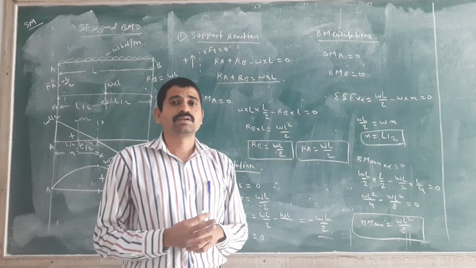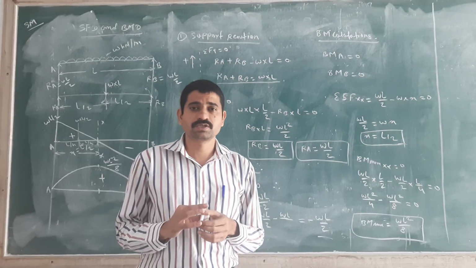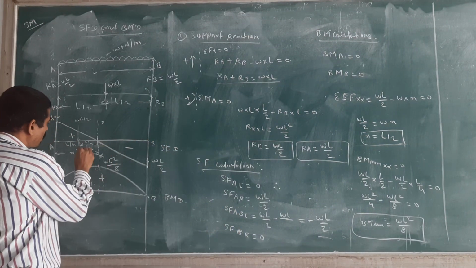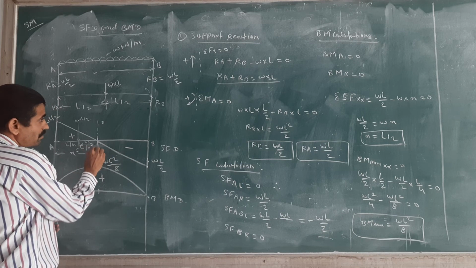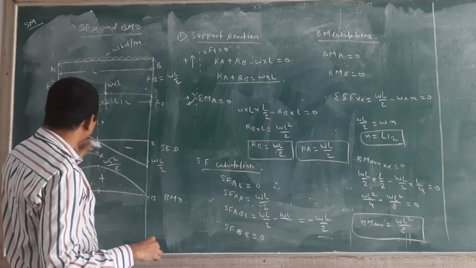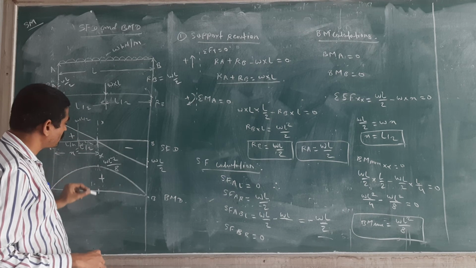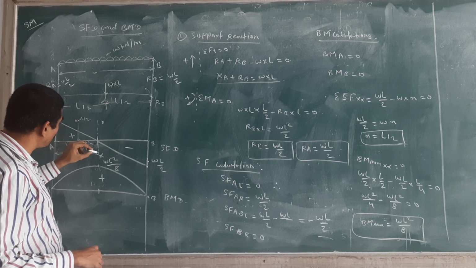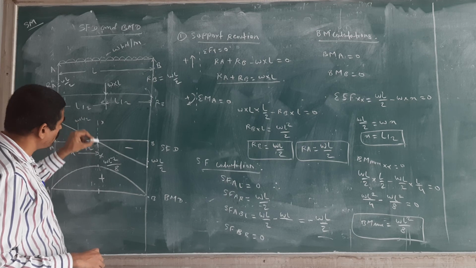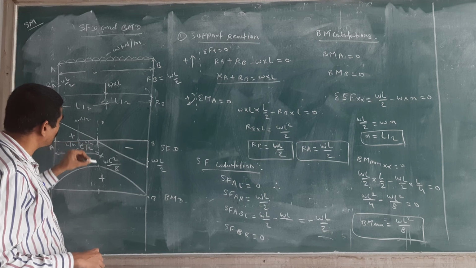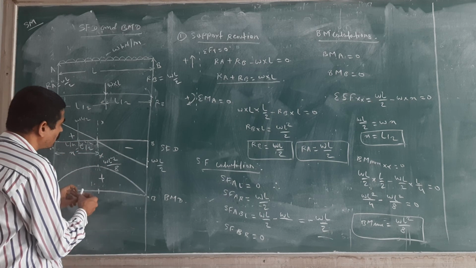Where shear force is 0. And where is shear force 0? At the center. Then you calculate this distance with the help of SF at section XX, which you will get as L by 2. After that, take the bending moment about section XX. You will get the maximum bending moment, and this maximum moment is WL square by 8.